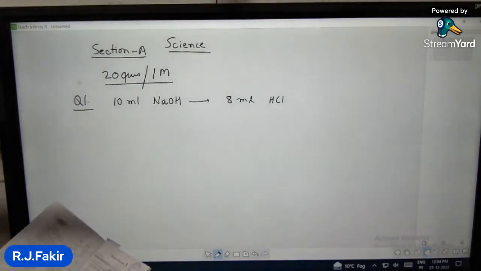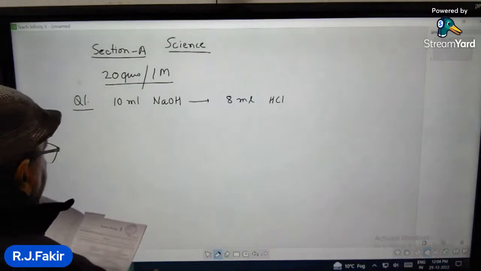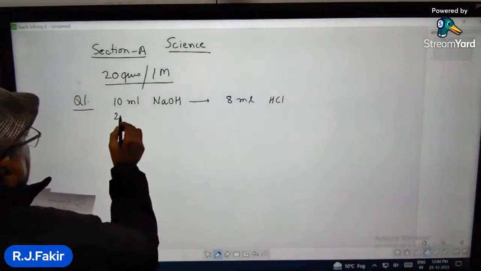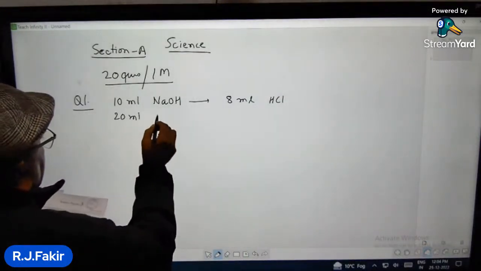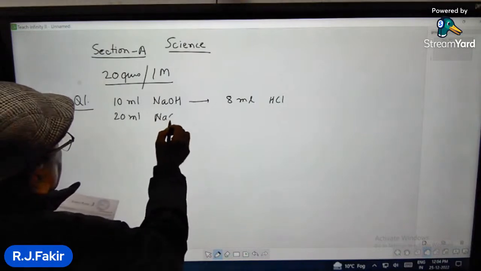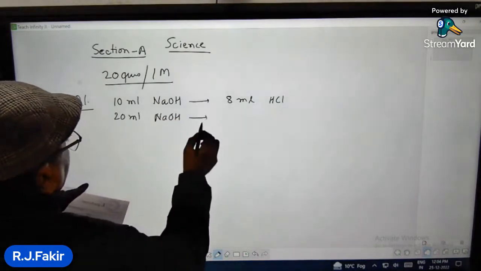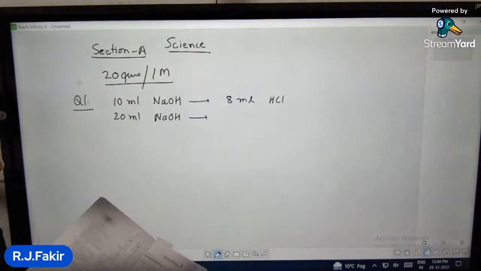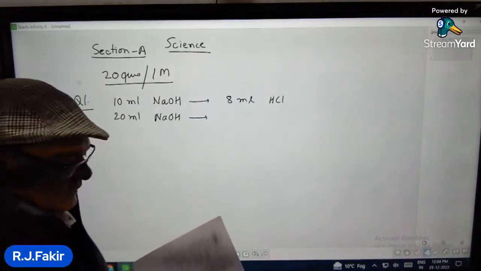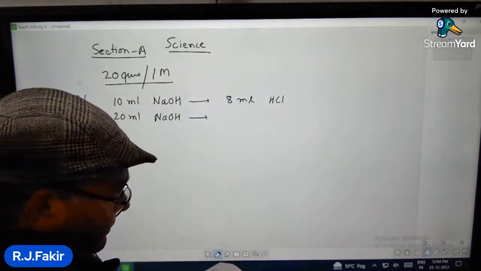If we take 20 ml of the same solution of sodium hydroxide, how much HCl will be required?